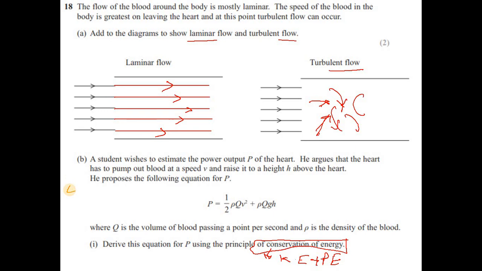Since the total energy ET is equal to kinetic energy EK plus potential energy or gravitational potential energy EGPE, this total energy you can write as power into time is equal to half mv square plus mgh, because we need to find the equation for power.